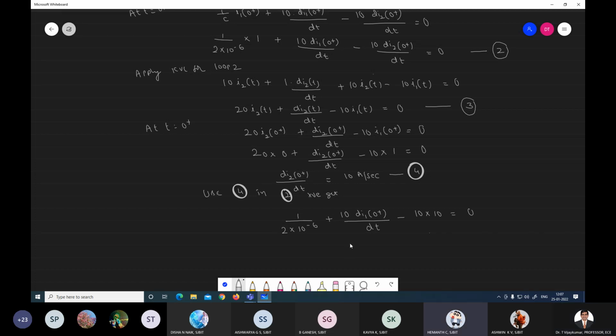I will get minus 4.999 into 10 to the power 5. How much is di1/dt? Minus 49,990 amps per second.